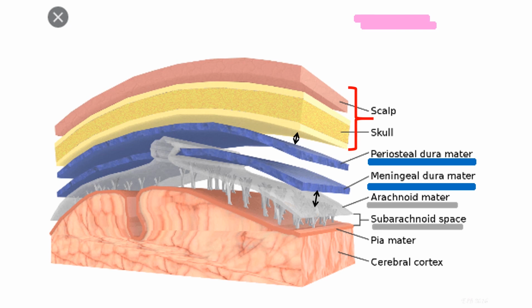The subarachnoid space is a very important space because if there is hemorrhage in this space, it is going to be very dangerous. Then the innermost layer, a fibrous layer attached firmly to the surface of the cerebral cortex, is called the pia mater.